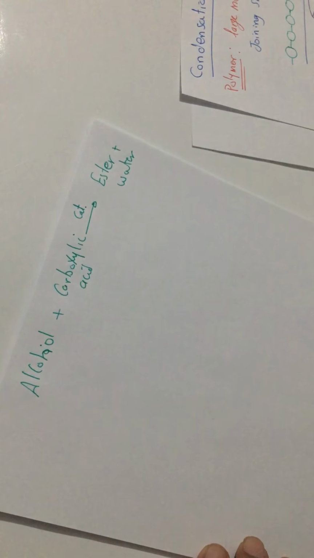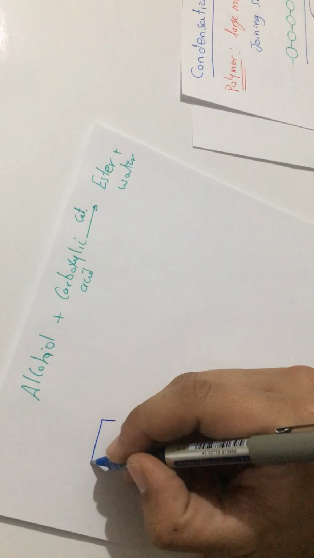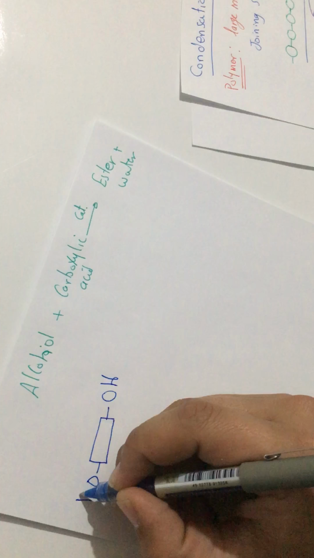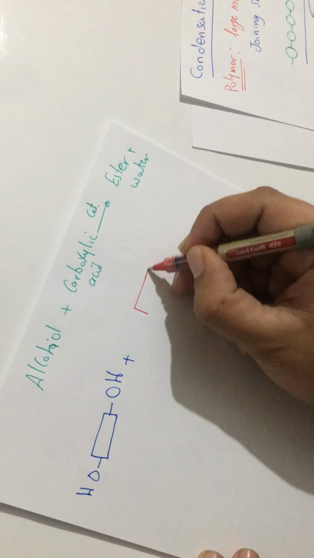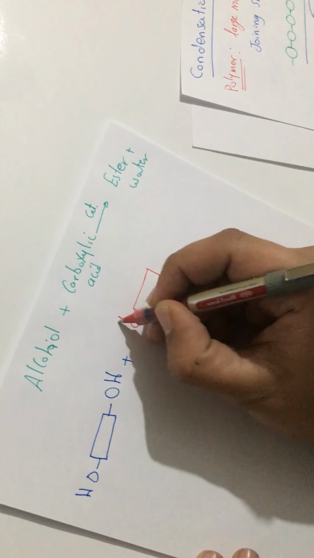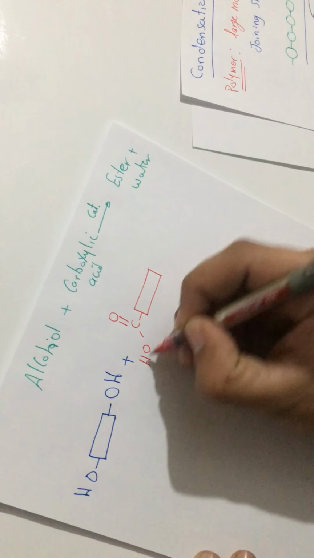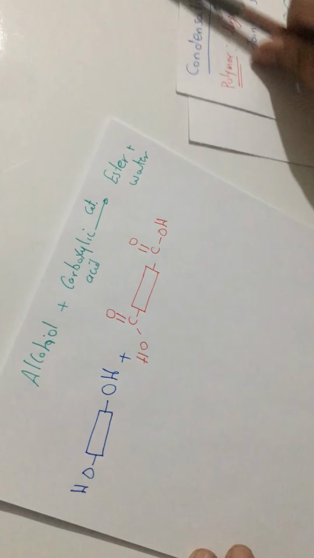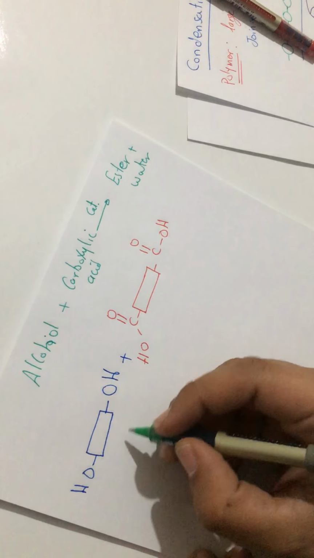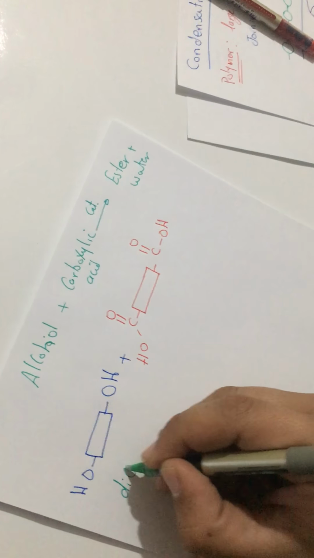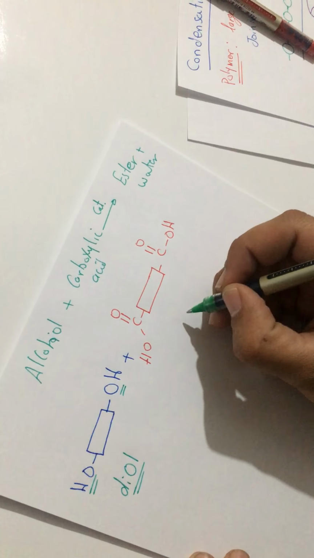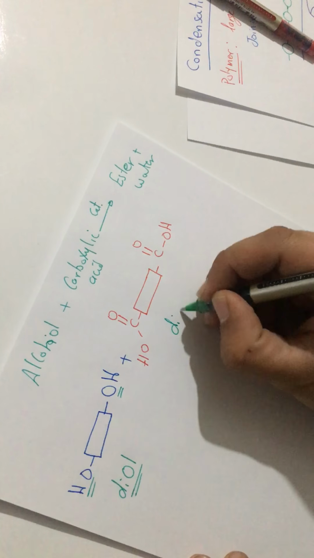So, what if we have a unit that has double OH and we used another unit, another monomer that contains two carboxylic groups, like this. So we have here a monomer which is called diol because we have two OH groups, and this unit is called dicarboxylic.